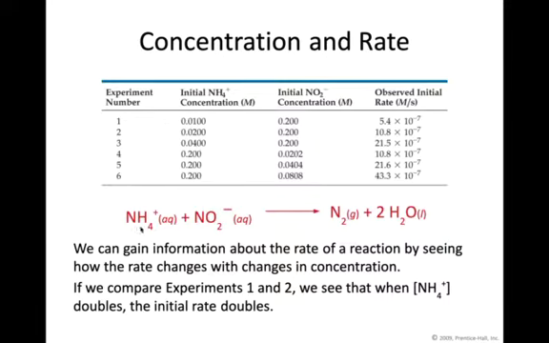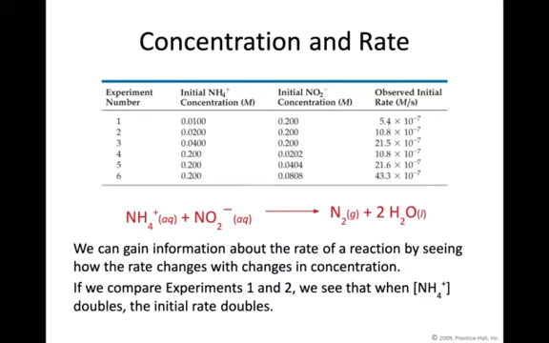So you start with NH4. Looking at experiments 1 and 2, we see that the initial concentration of NH4 doubles, while the initial concentration of our other reactant doesn't change. Meanwhile, the initial rate is also doubling. So we've got a proportional relationship there. If the concentration of NH4 doubles, the rate doubles. So there would be an exponent of 1 on the NH4 in our rate law.